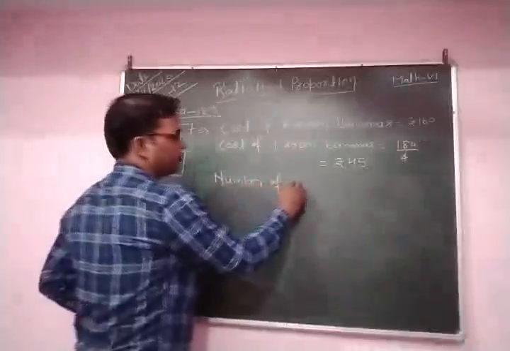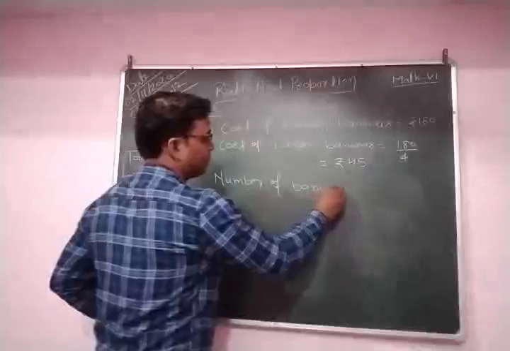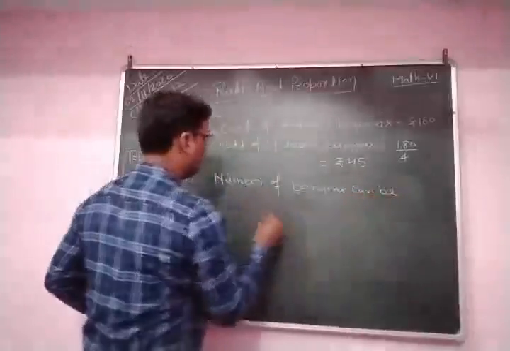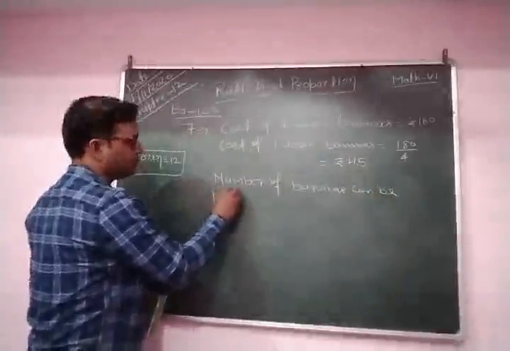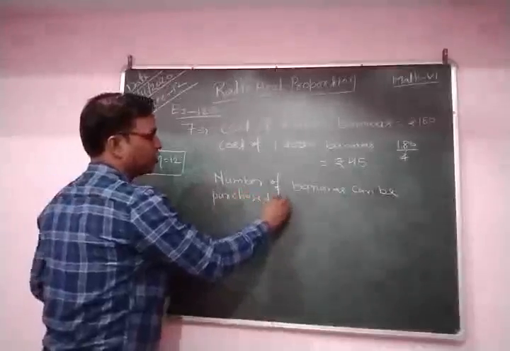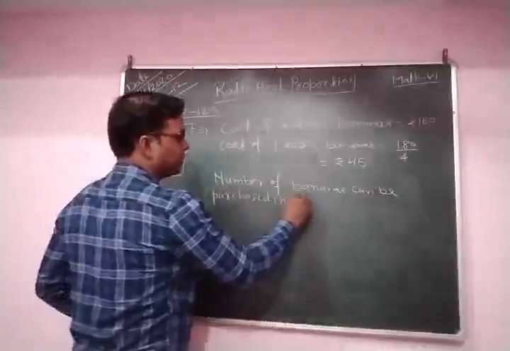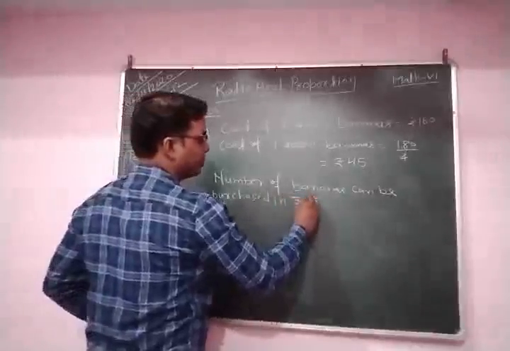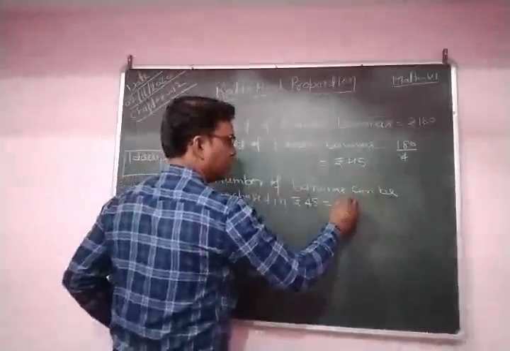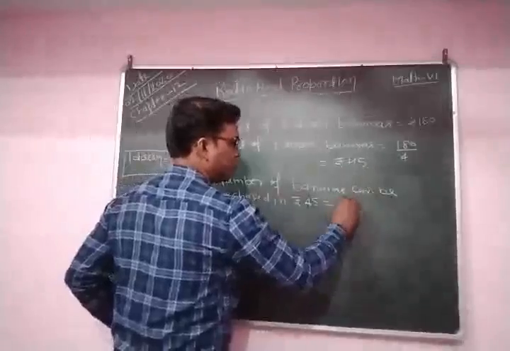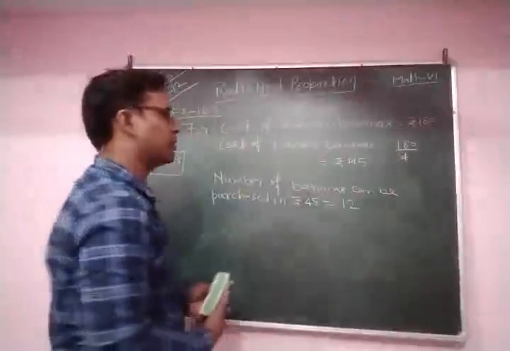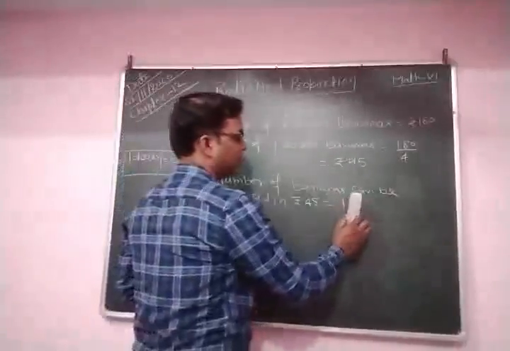You can write here the number of banana that can be purchased in 45 rupees is equal to 1 dozen or 12 banana, because you know very well this is 12 banana.